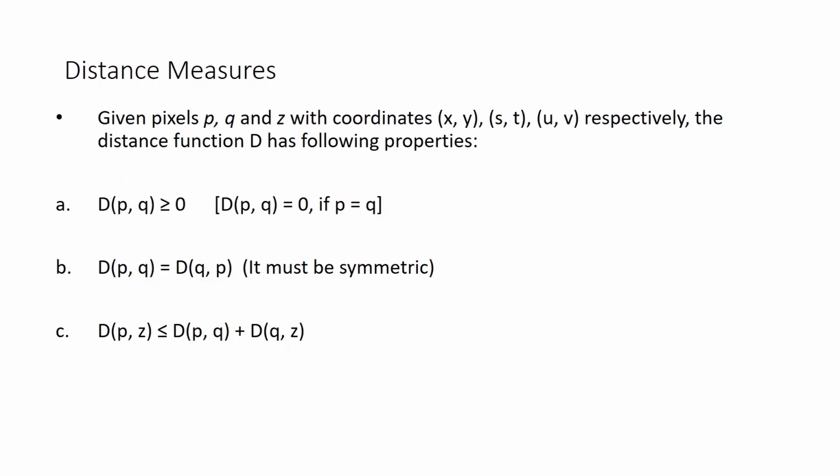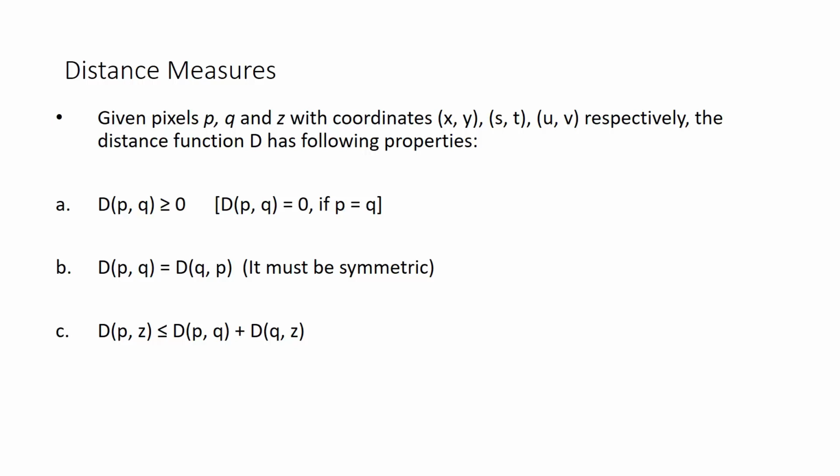Now distance measurement. Given pixels P, Q and Z with coordinates x, y, s, t, u, v respectively, the distance function D has the following properties. D of P, Q is always greater than or equal to 0. If P is equal to Q, then distance is 0.